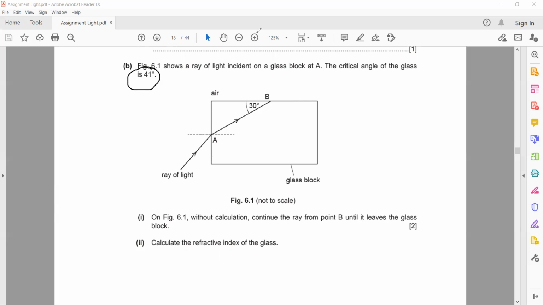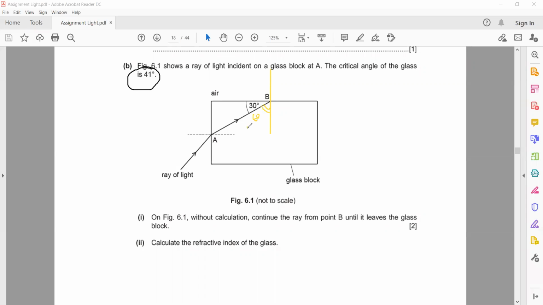So I want to complete the ray. I will draw a normal here. When I draw the normal, what is the angle of incidence at point B? So the angle of incidence is 60.